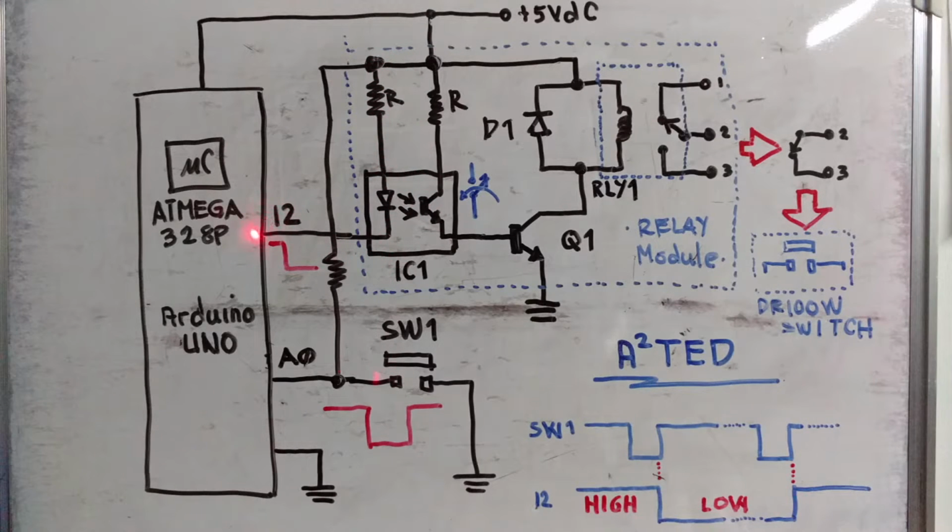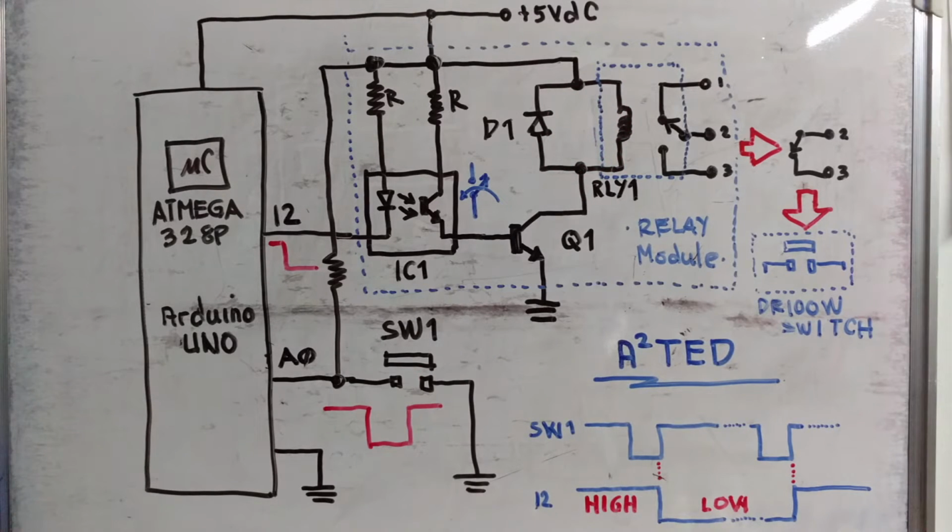When pin 12 goes low, the LED will light inside the optocoupler, and this transistor here becomes like a switch. Its collector is virtually connected to its emitter, thereby there is a flow of current from plus 5 VDC going to these resistors, going to Q1, activating Q1 and activating relay 1.